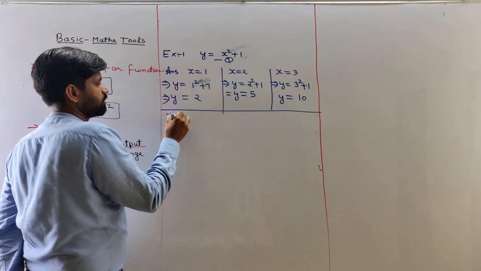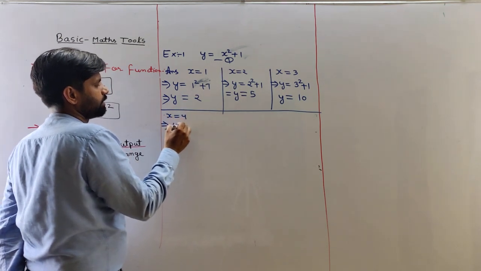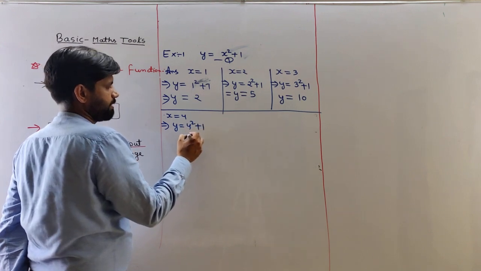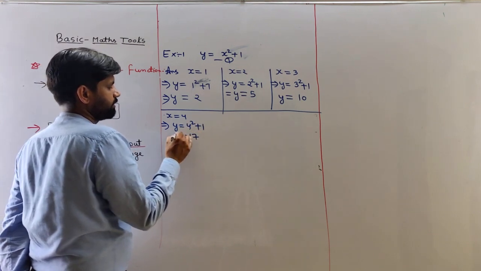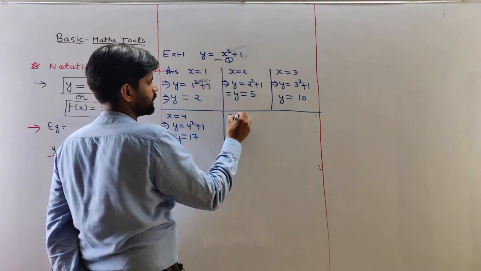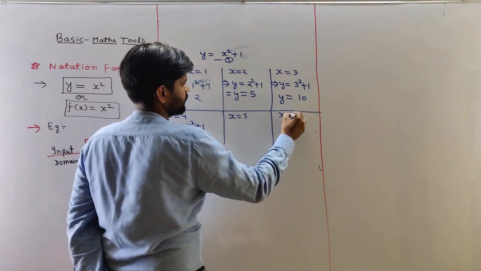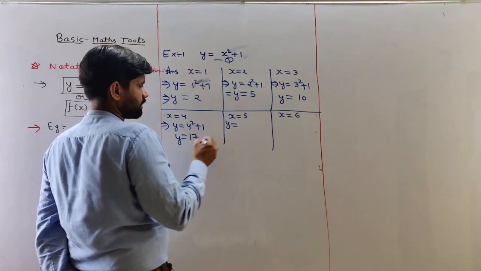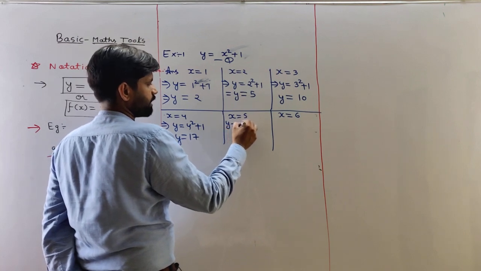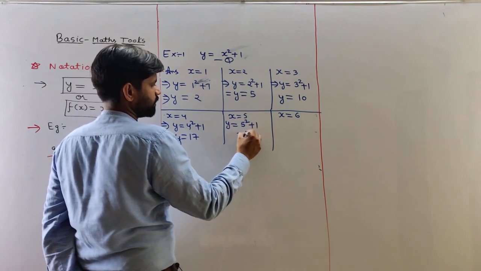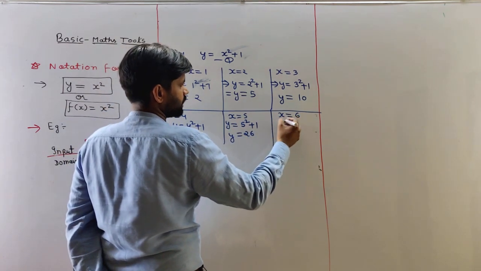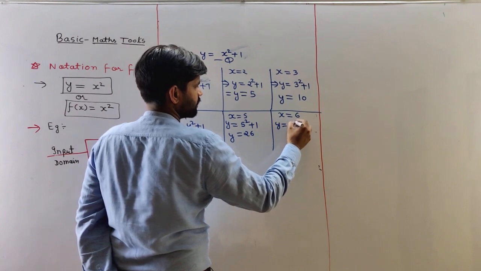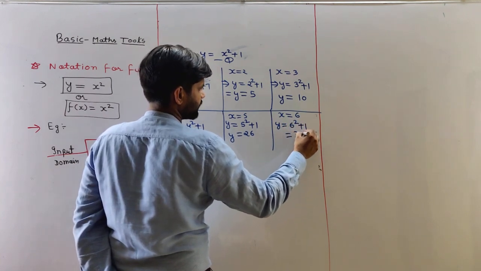If we put x is equal to 4, then 4 square plus 1 is equal to 17. If we put x is equal to 5, then 5 square plus 1 is equal to 26. If we put x is equal to 6 in equation 1, then y is equal to 6 square plus 1, that is equal to 37.